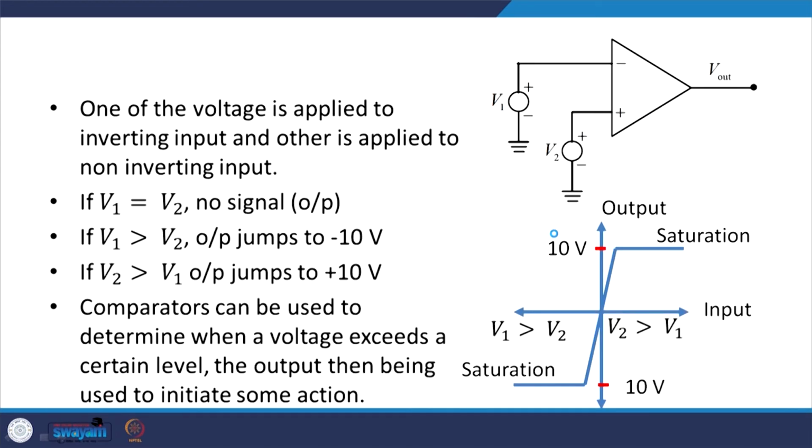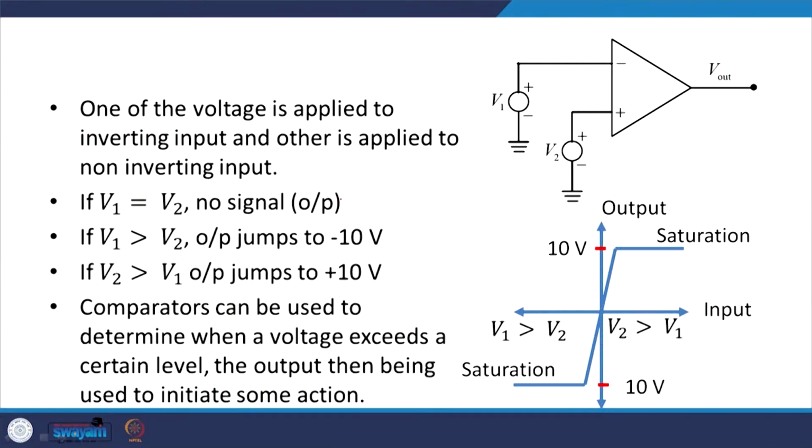Now, one of the voltages is applied to the inverting input and the other to the non-inverting input, as I explained. Here there are three possibilities. If V1 is equal to V2, there is no signal, that is, there is no output. So, you are basically at this place.